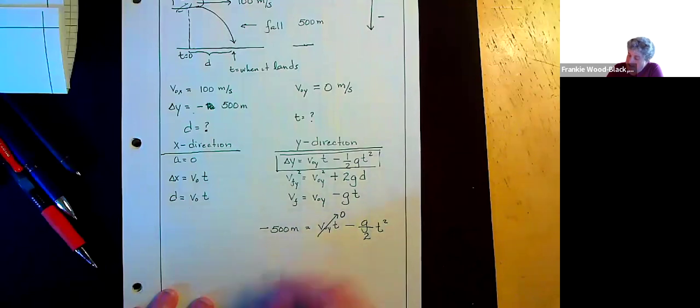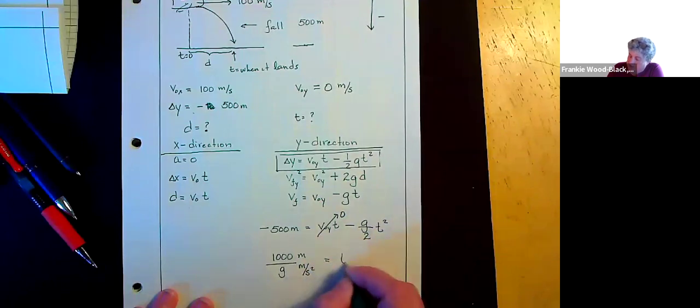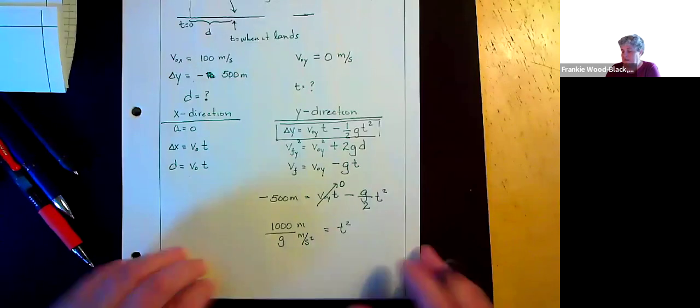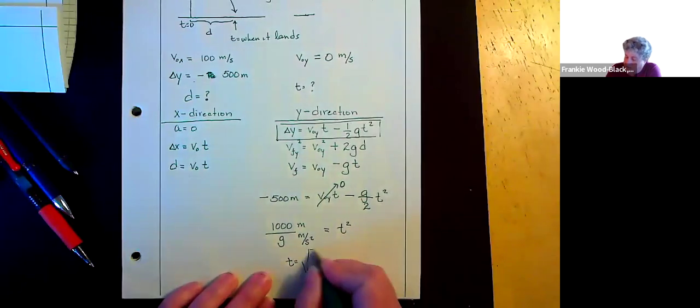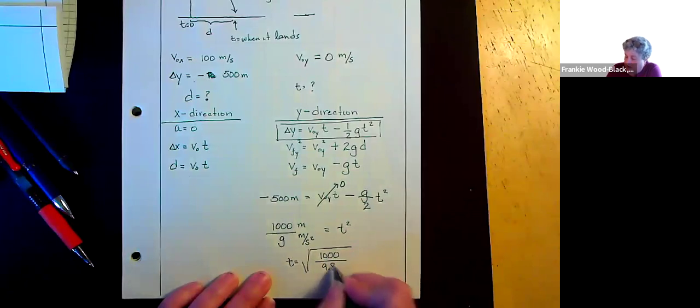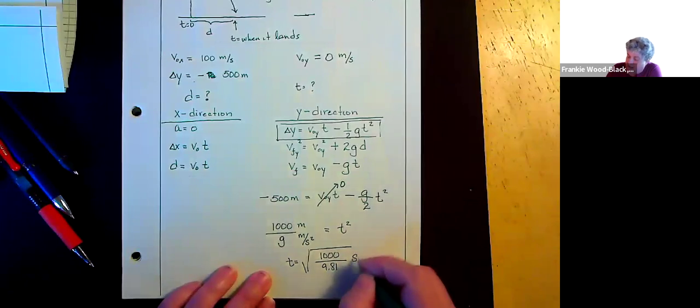So I'm going to get 1,000 divided by gravity, and that's meters per second squared, is equal to t squared. T is going to equal the square root of 1,000 divided by 9.81. And I've got a second squared under there, so I'm in seconds.